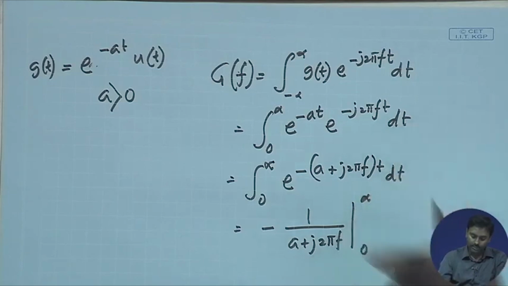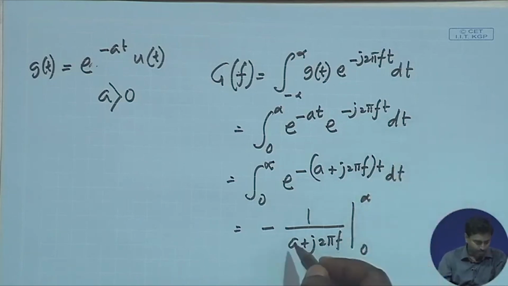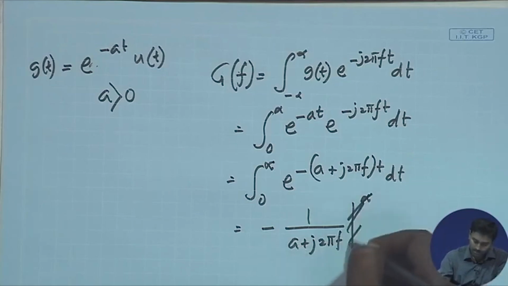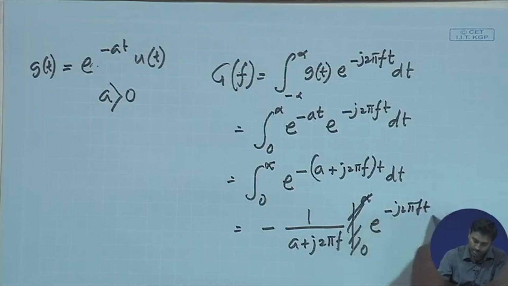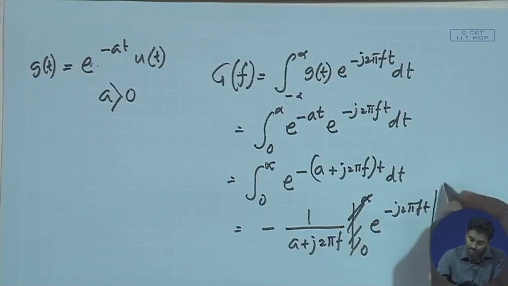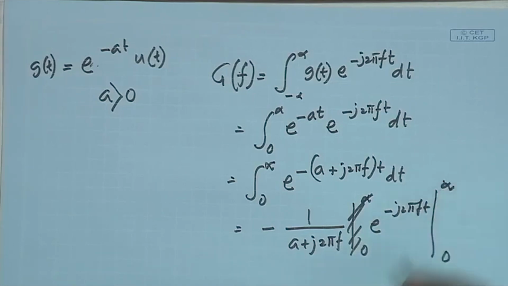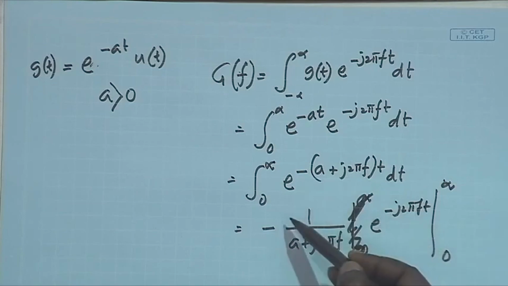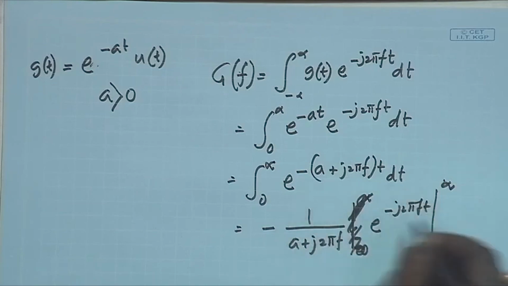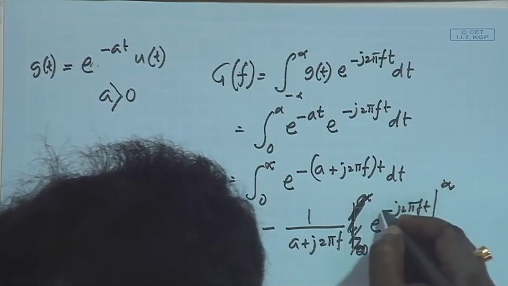If I put infinity, this becomes 0. This is the integration, 1 by that coefficient times the exponential; of course, that a should be there, sorry.